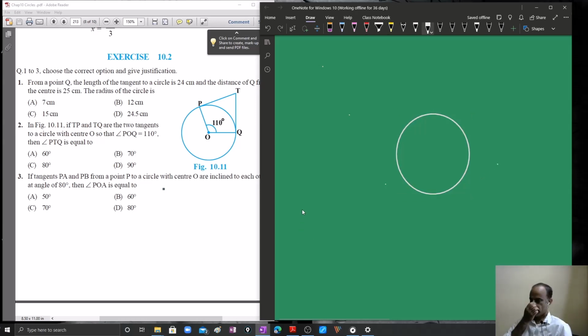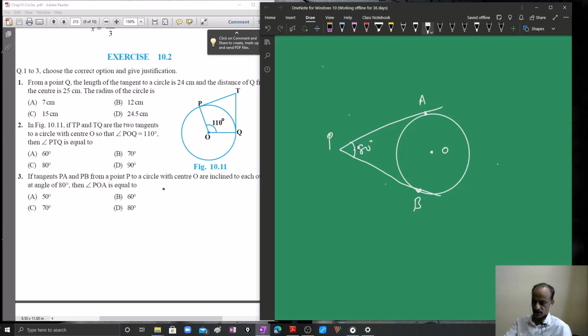Okay. Tangents PA and PB. P is common, so that means P is outside. Tangents PA and PB to a circle with center O are inclined to each other at an angle of 80 degrees. Find the measure of angle POA.